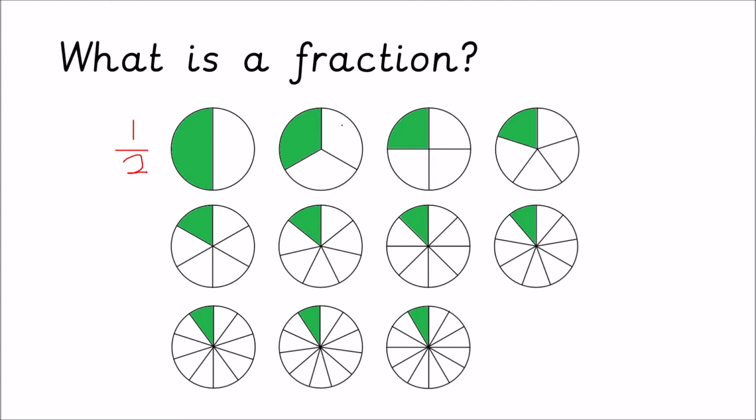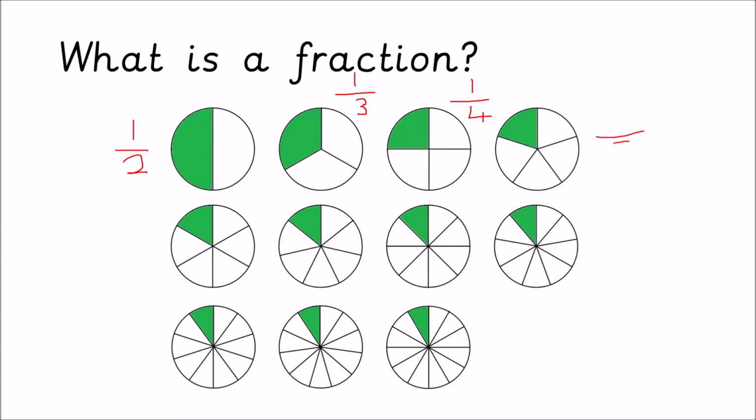Here we have 3 pieces. We've divided it into 3. Okay, and 1 out of those pieces is shaded, so we have 1/3, and that is the fraction of this shape that is shaded. Here I have divided my circle into 4 equal pieces. 1 of them is shaded, so we have 1 out of 4, and we call this a quarter, which you should remember from year 2.